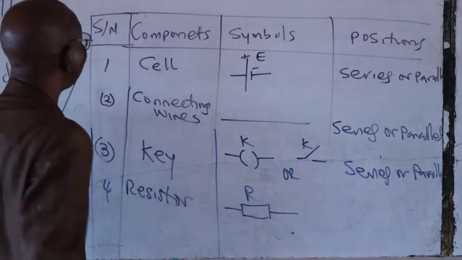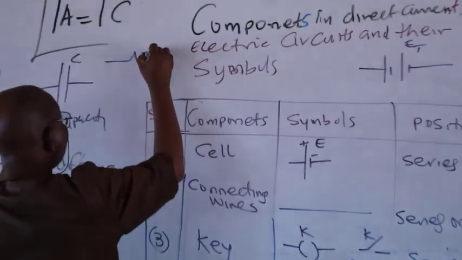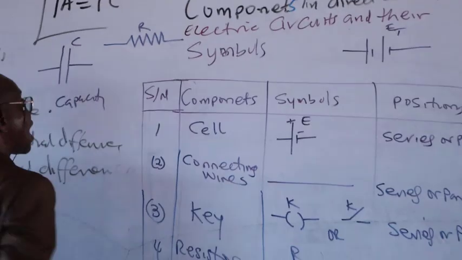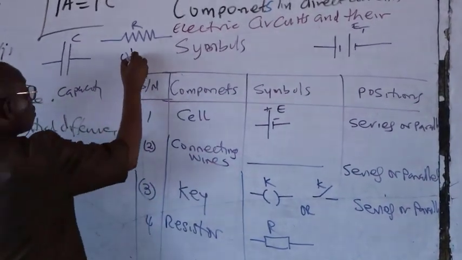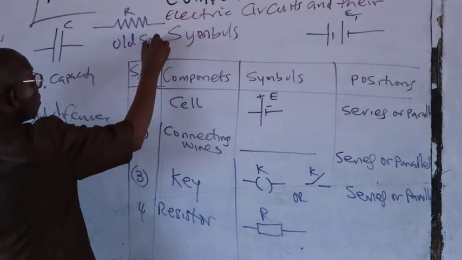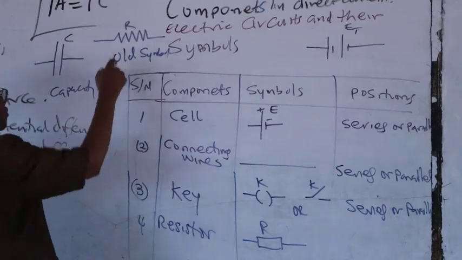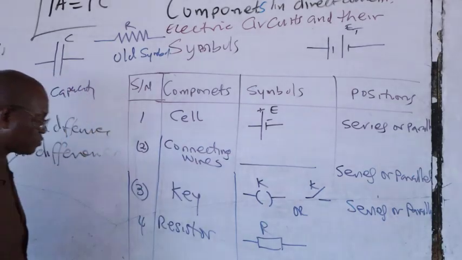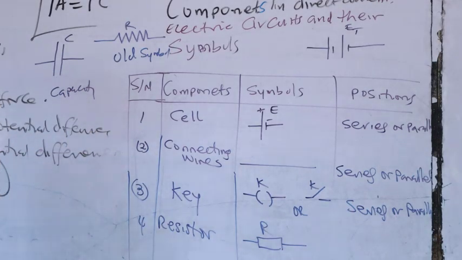The old symbol of a resistor is this. You have it like this. That's resistor, old symbol. The old symbol of a resistor is this. The new symbol of a resistor is this. And this resistor is a fixed resistor. Fixed or standard resistor.